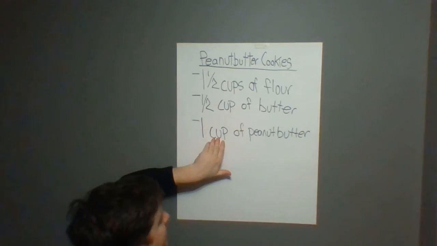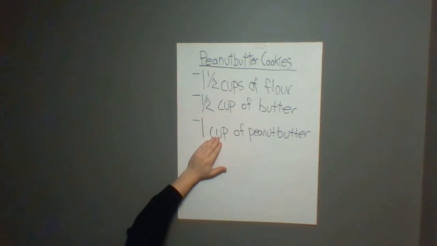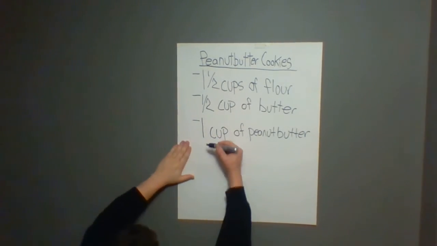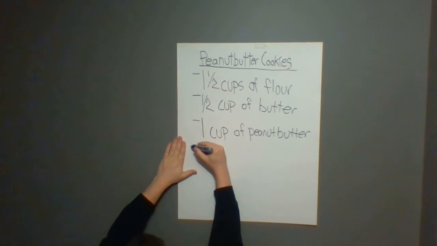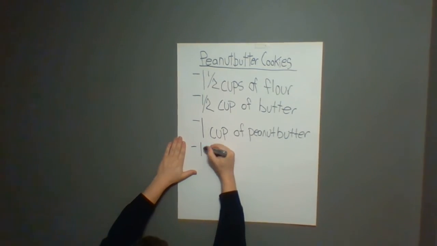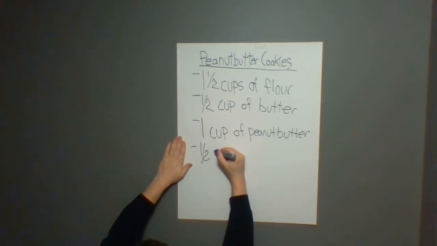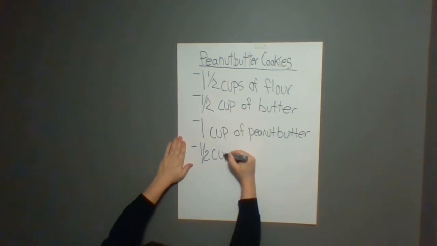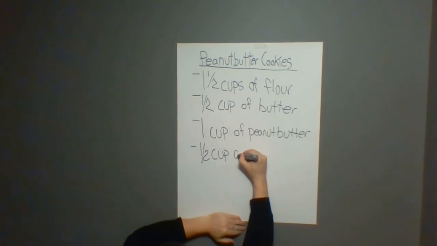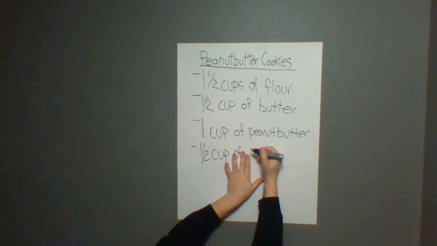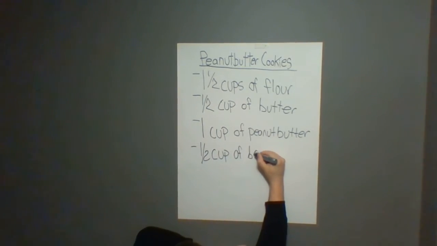It was singular this time because it was just a single cup. Then we will have a 1/2 cup of brown sugar. We'll do the same thing: 1/2 cup, two finger space.